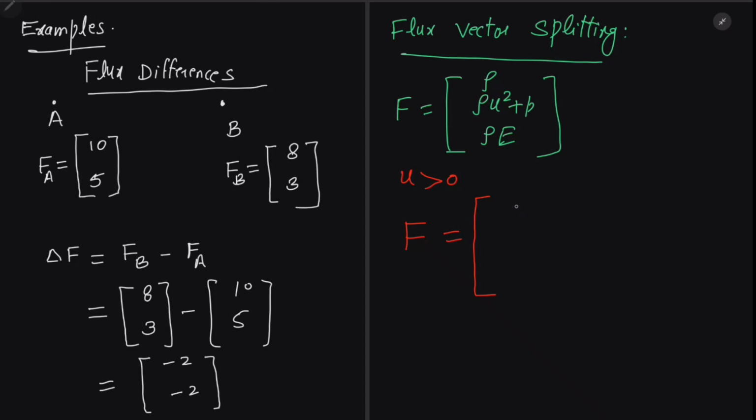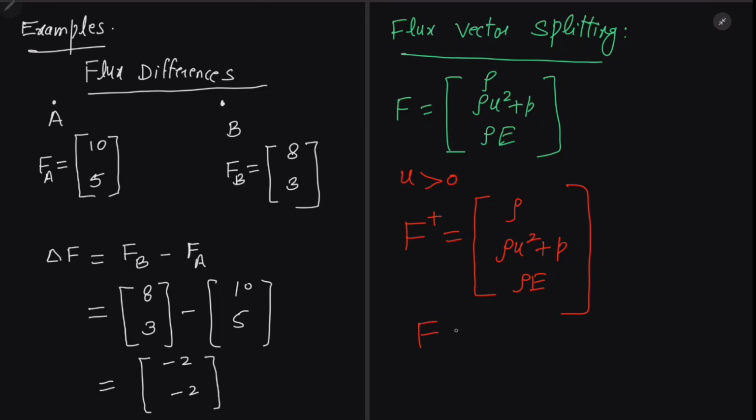So then this becomes rho u, rho u square plus p, and rho E. Since this flux represents a positive wave, we put that into plus.